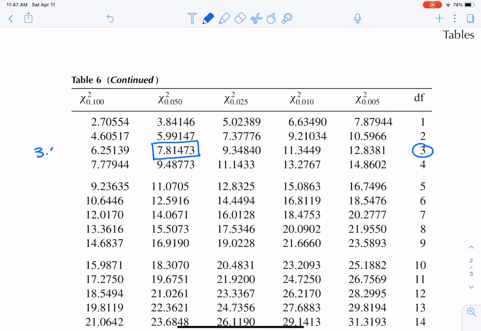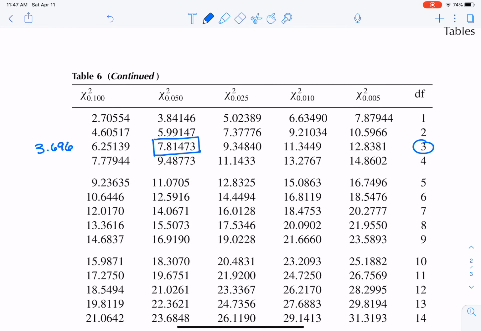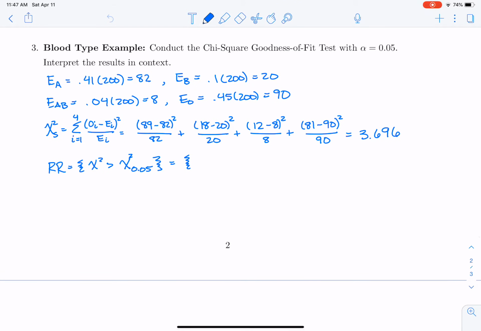It would be over here on our chart, so we can see that our p-value would be bigger than 0.1. Okay, so our rejection region is that the chi-squared needed to be bigger than 7.81. That did not occur. Our p-value was bigger than 0.1 in this case. In fact, if you run the test using R, you can see that the p-value is 0.296. So in this case, we fail to reject the null hypothesis.